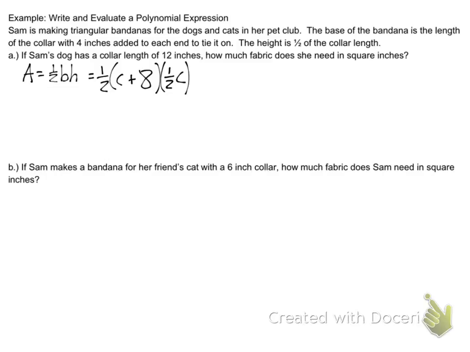Now, there's options. I can take the 1/2, bring it in. I can take the 1/2 C, bring that in, creating something in standard form, or we can leave it just the way it is. And so you get 1/2. Her dog has a collar length of 12, so plus 8, times 1/2 of 12, which is 1/2 times 20 times 6.